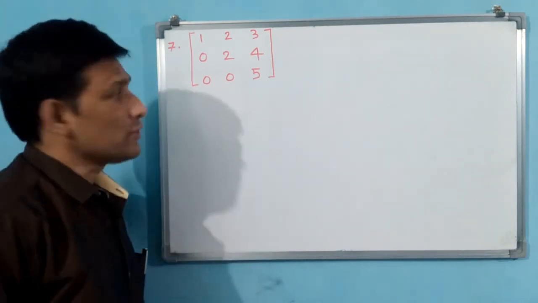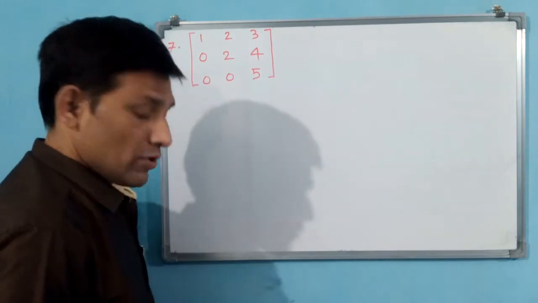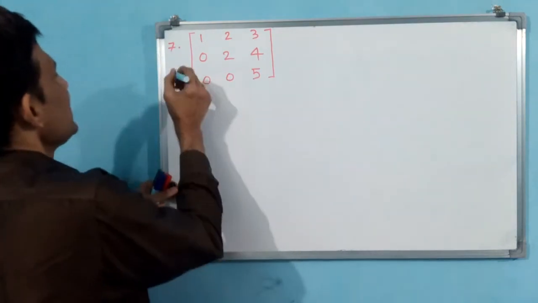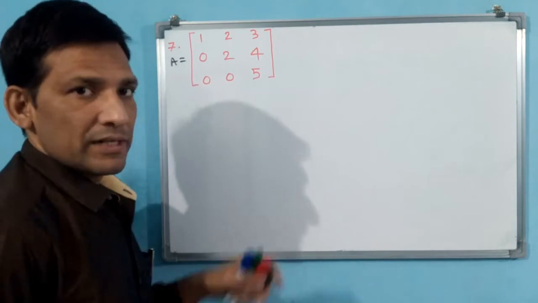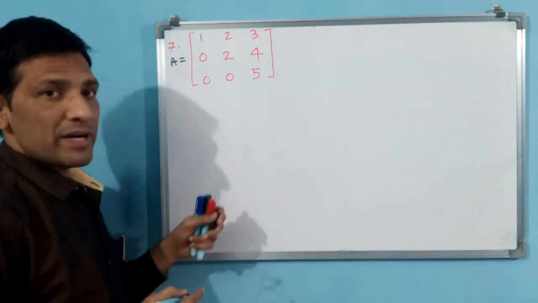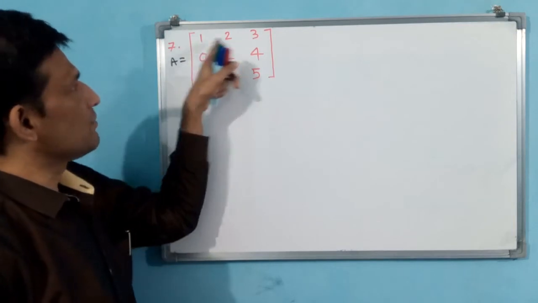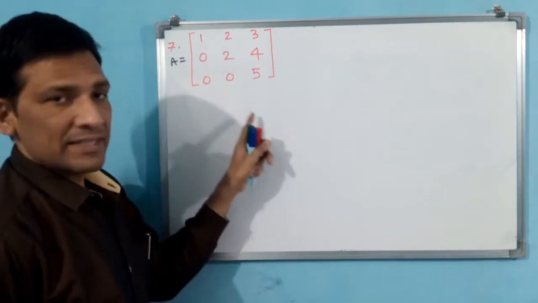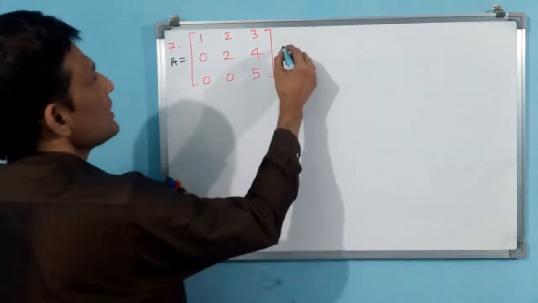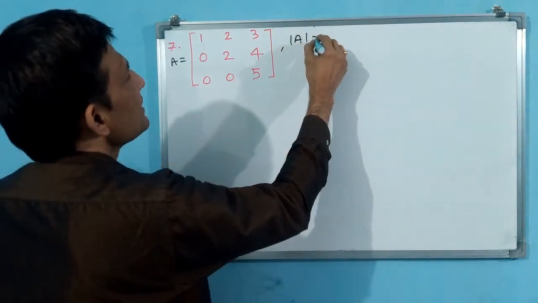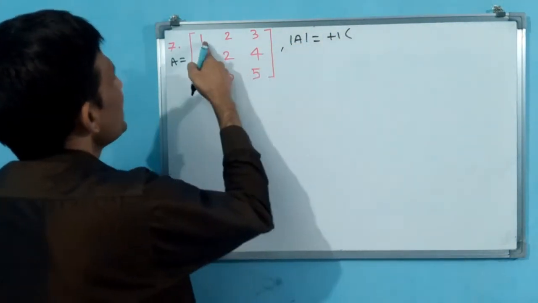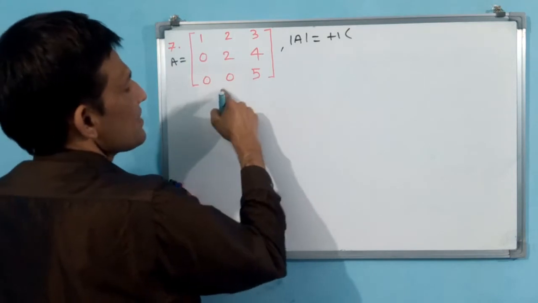What I am doing, you observe carefully. Let A be this matrix. I am finding determinant A. Finding the determinant is easy here. Why? Because by column 1, 2 zeros are there. If we multiply plus 1 with this, then the determinant will come. Determinant A is equal to plus 1 into 10 minus 0.